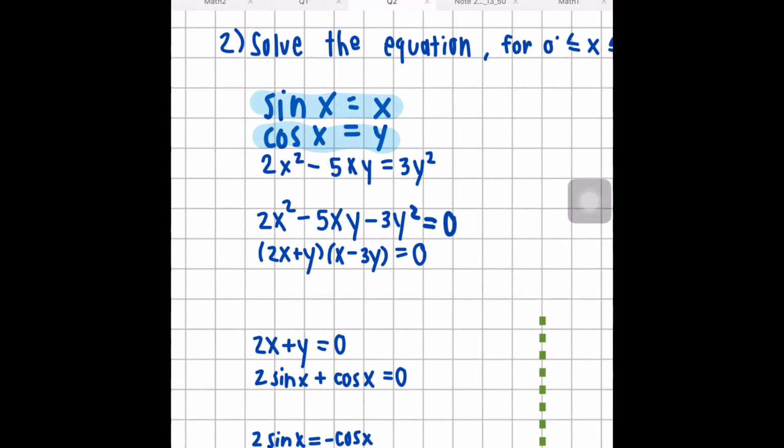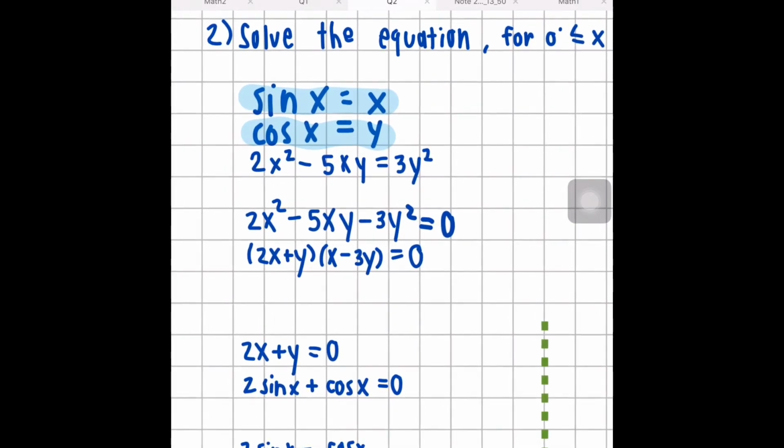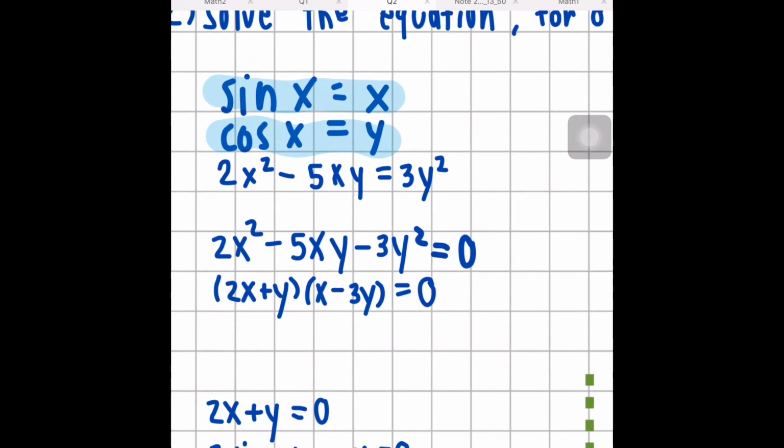Then we will move the term on the right side to the left side, to make the right side 0. So we will move 3y squared to the left side. From plus, it will be minus.